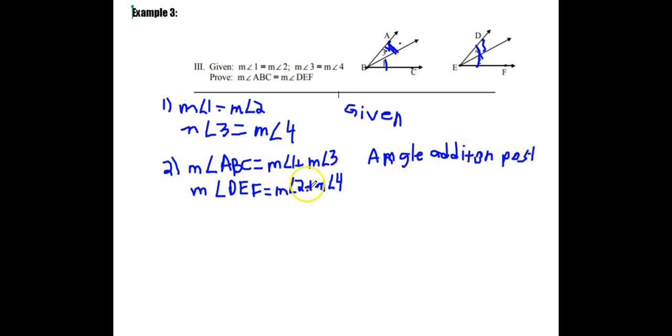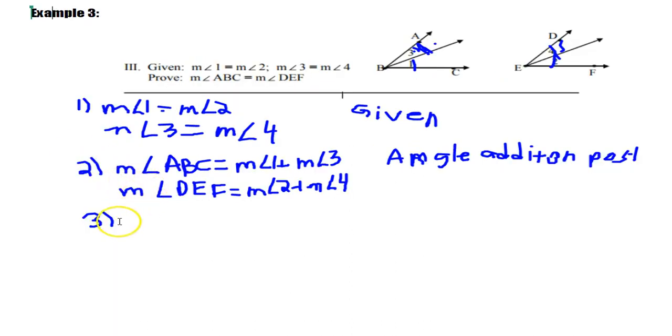Next, step 3. For step 3 here, what I want to say is, I've got ABC equal to angle 1 plus angle 3, and DEF equal to 2 and 4. I also said that 1 and 2 is equal to 3 and 4.